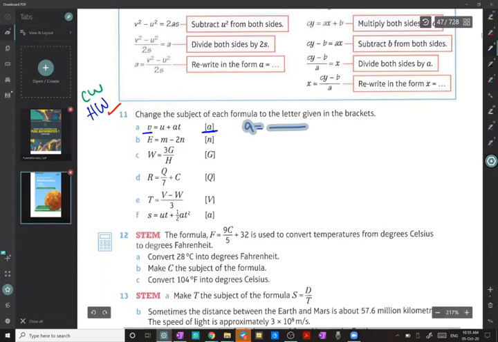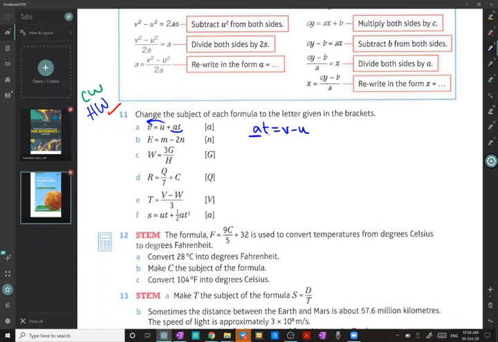First we need to look at A and what's next to A. So I have A times T. So I keep A times T and take everything else to the other side. So it's going to become V minus U. Now, A is multiplied with T. Therefore, when I want to get rid of t, I need to divide by t.